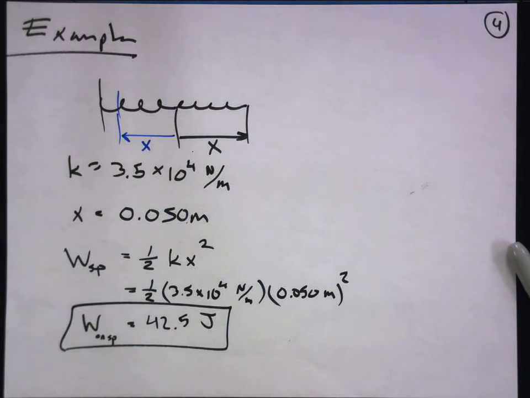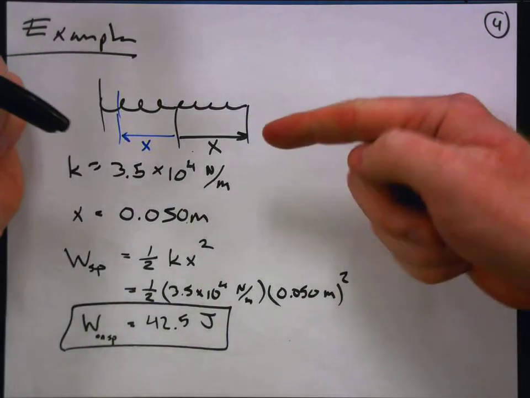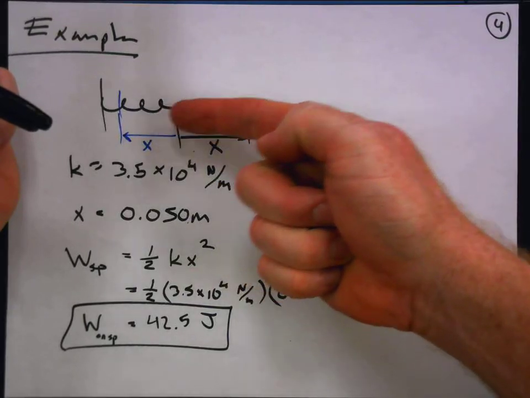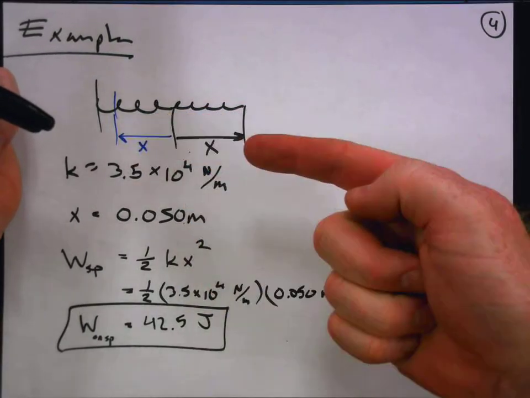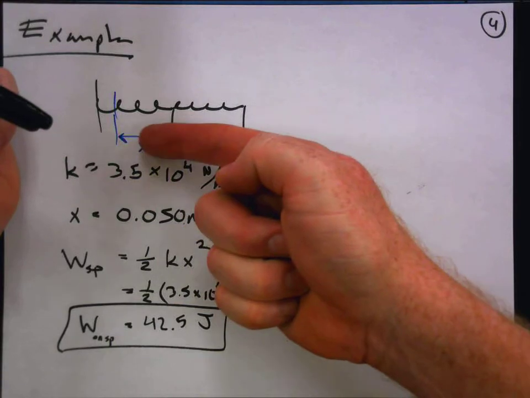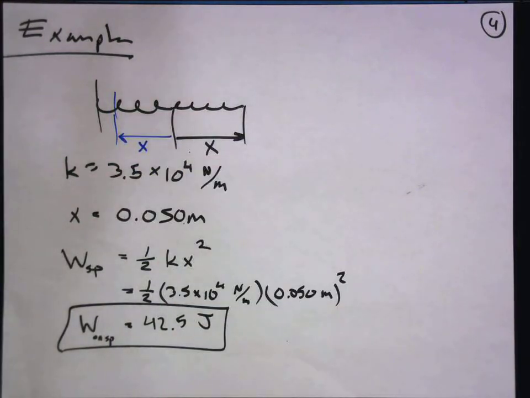So think about this for a second. The force you apply is in that direction, and the movement is in that direction. What is the angle between the force and your distance traveled? The angle is 0. So you should get what kind of value for work done? Positive or negative?